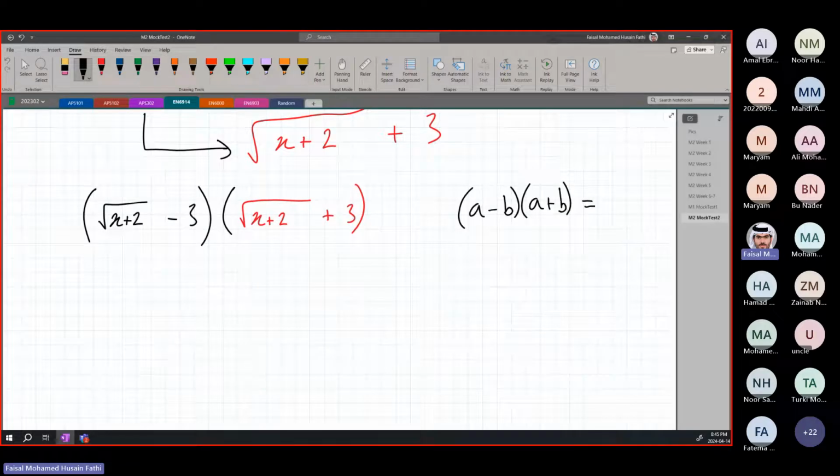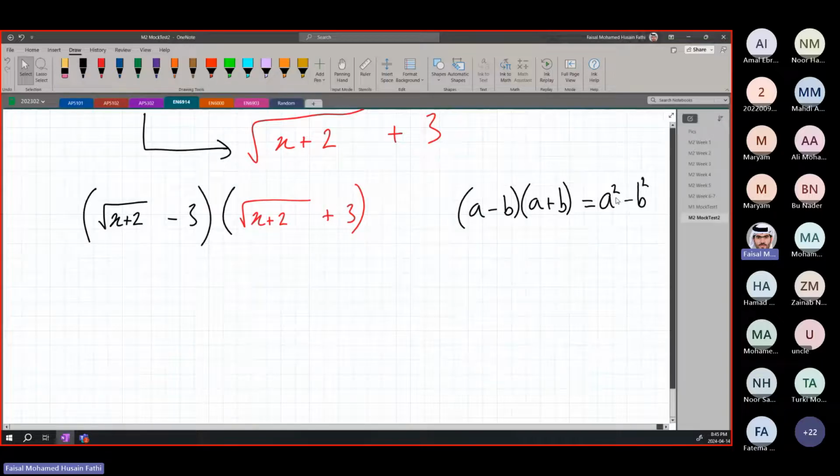And remember, this is equal to a squared minus b squared. If you don't have this memorized, it's fine. You can always just do the distribution, but this is just a fast way of knowing it, because this is in a standard form.